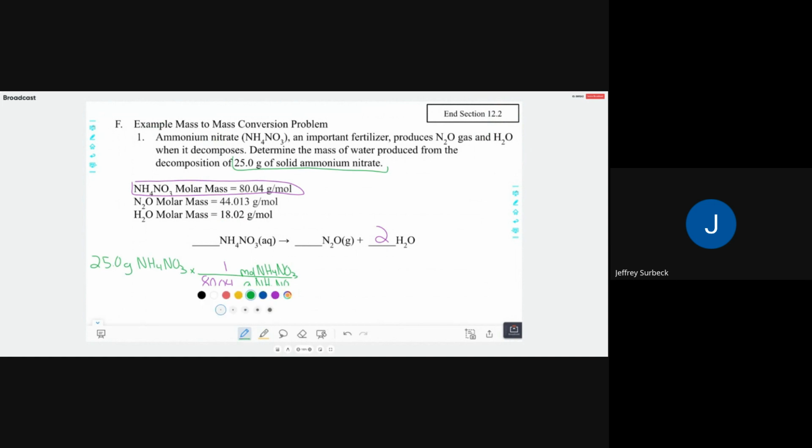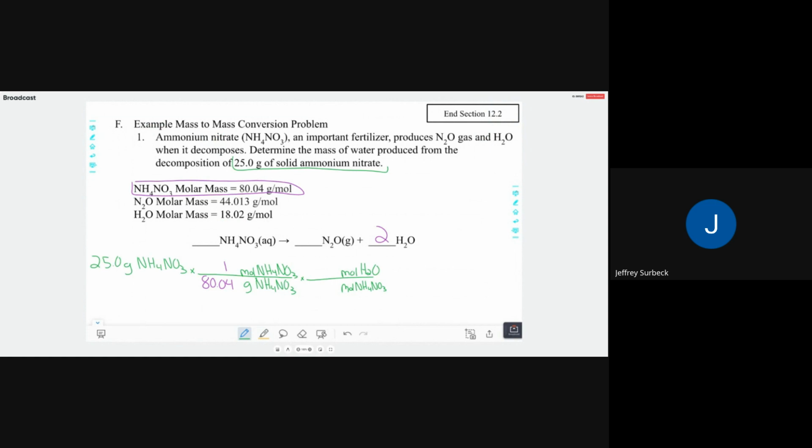We keep going. We then say, all right, times, we draw our line. Now, what unit cancels down in diagonal? We're going to get moles of our ammonium nitrate here, NH4NO3. And because we're in moles, we can convert to any substance, but it has to go moles to moles. We want to go to water, so we're going to put H2O. Now, question for you, mole over mole, where are we going to turn to find those values?